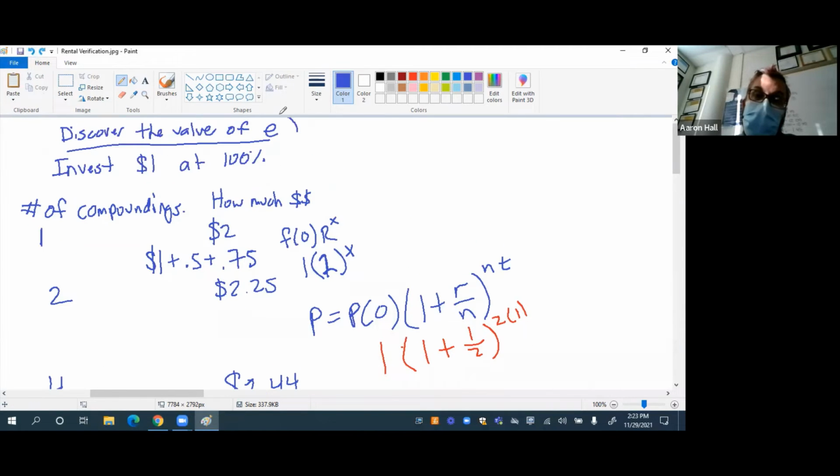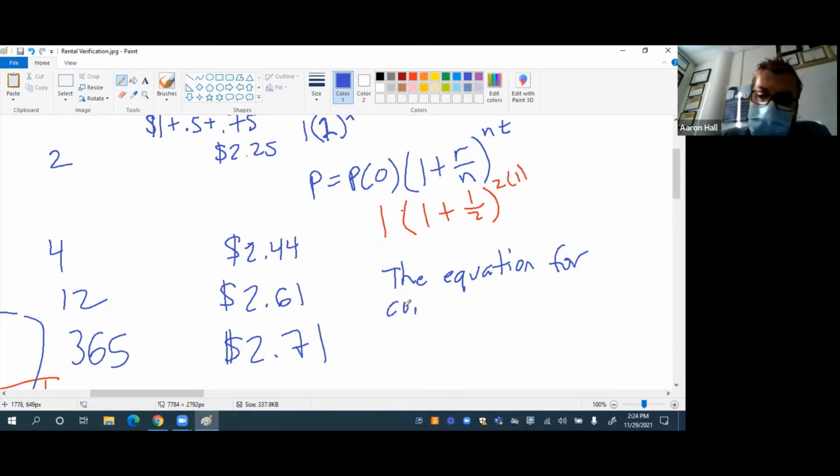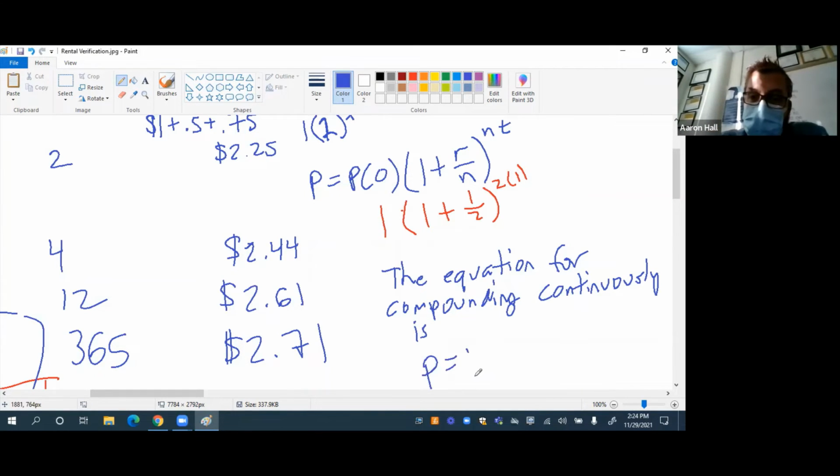And so when we talk about something being compounded continuously, we have to use this value E. In fact, we end up with a new equation for compounding continuously: we'll use P as our principal, and then our initial principal times E to the RT.